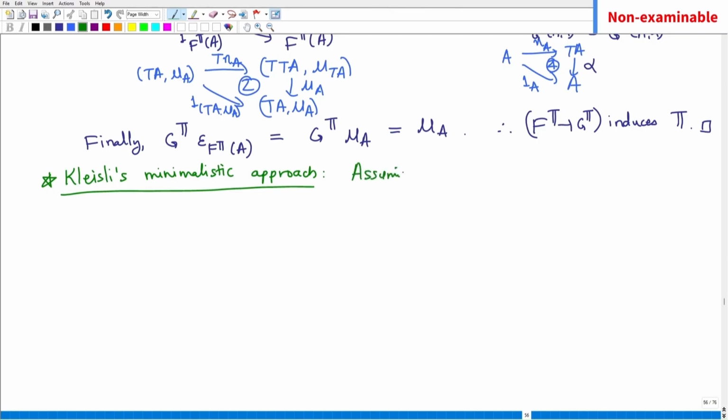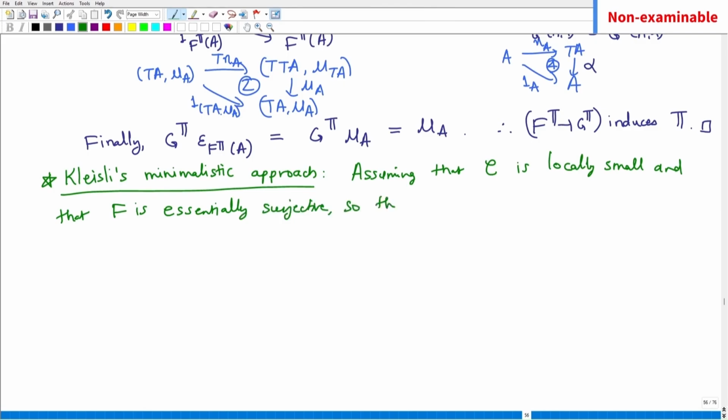So assuming that C is locally small, and that F is essentially surjective, so that we can replace the category D. I think I should say something more.